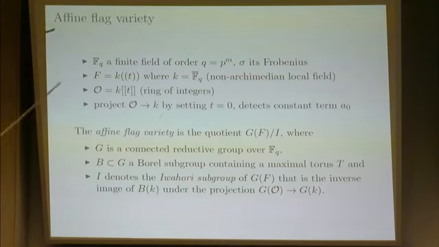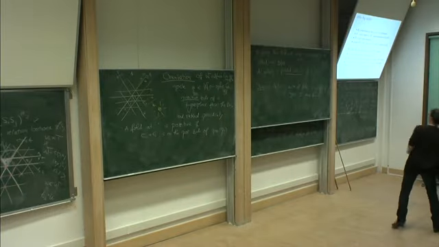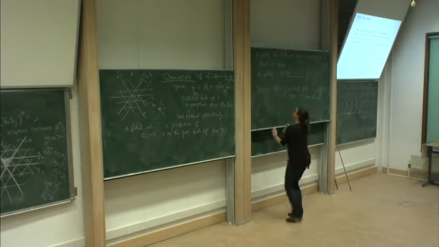Having these things, you can define an affine flag variety associated to a connected reductive group. So if you have never seen connected reductive groups, just think of SL3. So SL3 gives you the equilateral triangle example we've been looking at.